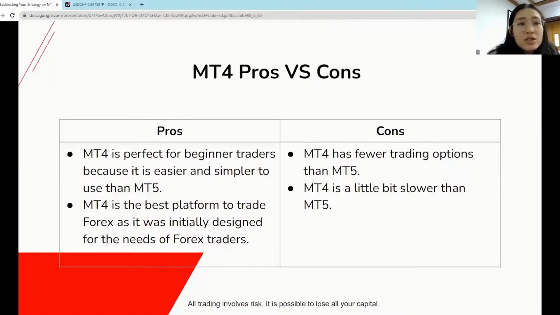So MT4 tends to be recommended for beginners because it's easier and simpler to use compared to MT5. MT4 is the best platform to trade Forex because it was initially designed for the needs of Forex traders. However, the cons is that MT4 has fewer trading options than MT5 and is a little bit slower.